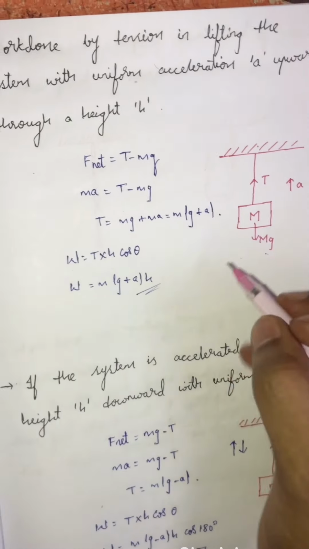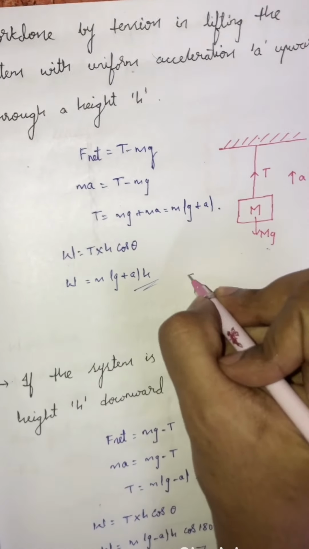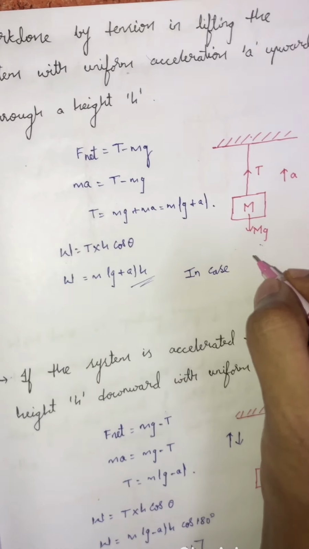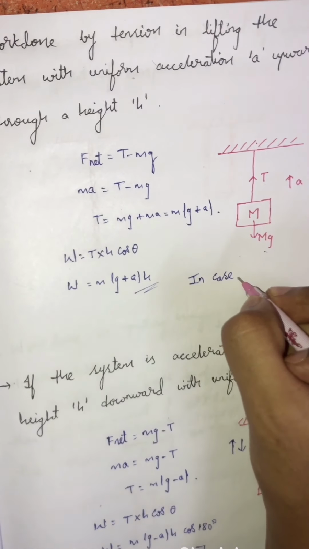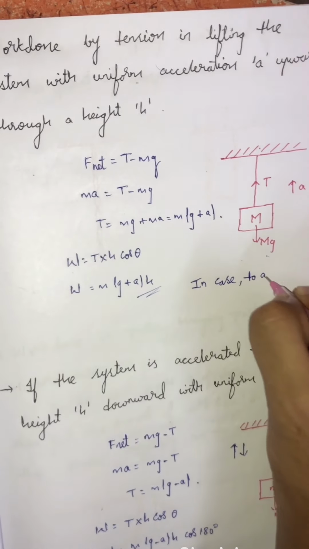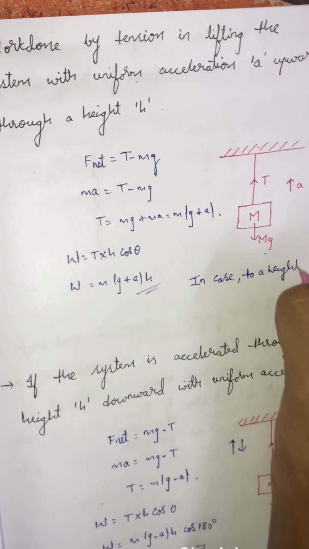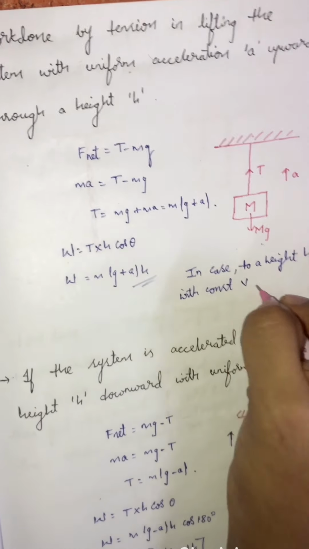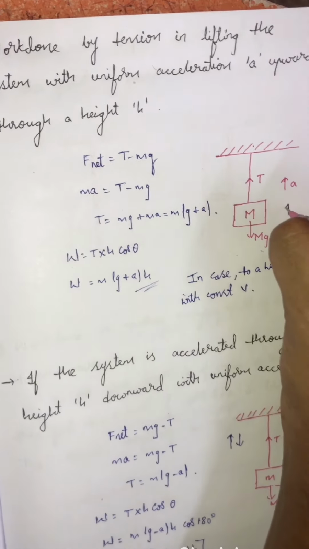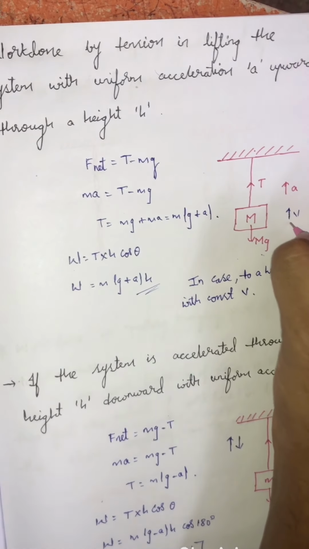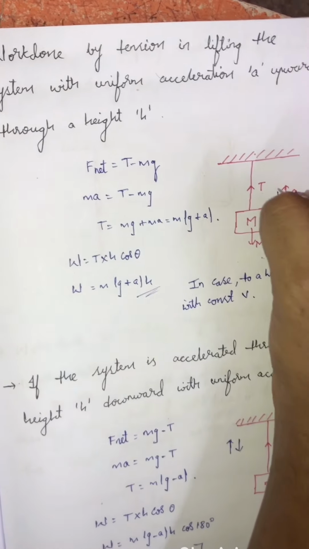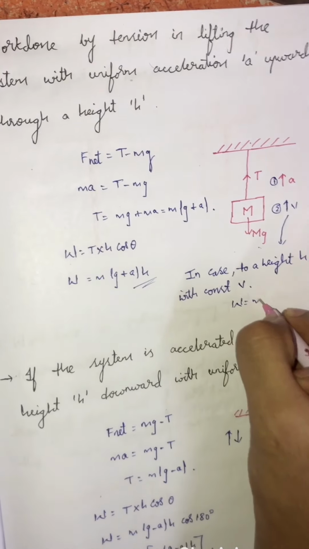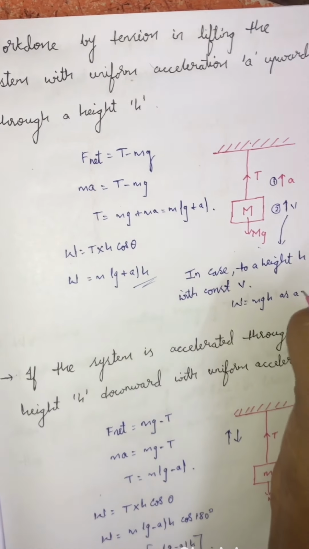In the case of the block rising through a height h with a constant velocity, that is the second condition, condition number 1, condition number 2, then work done will be equal to mgh, as acceleration is equal to 0.